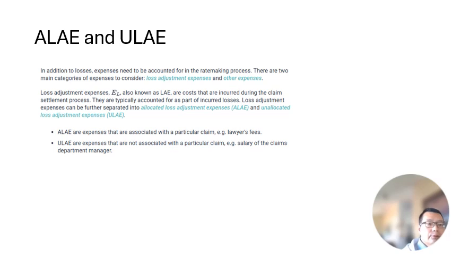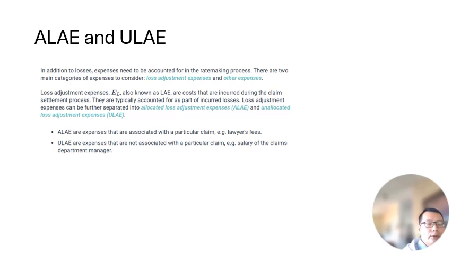Why are there such differences? Because this is the nature of the expense. ALAE are expenses that are associated with a particular claim. For example, lawyer's fee, it can be specifically assigned to each claim. And there are also unallocated fees. For example, salary of the claims department manager.